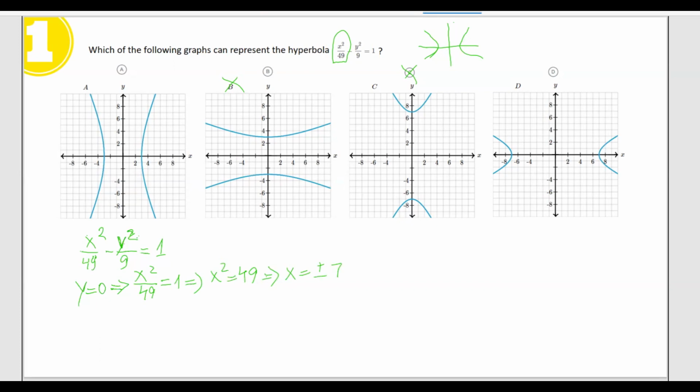So right away, we found the value for x. Looking at option A, I'm seeing x here is equal to minus 3 and 3. Option D gives me the value for x as minus 7 and 7. So there you go. We have figured out which of the following graphs can represent this hyperbola. The correct answer is D.